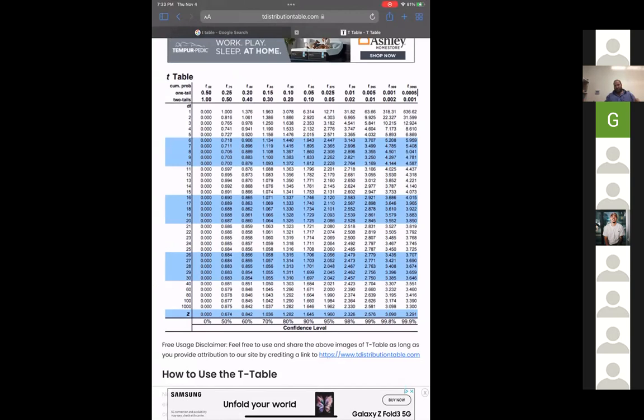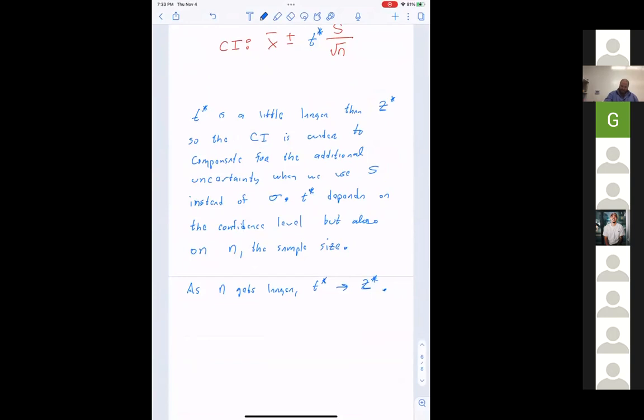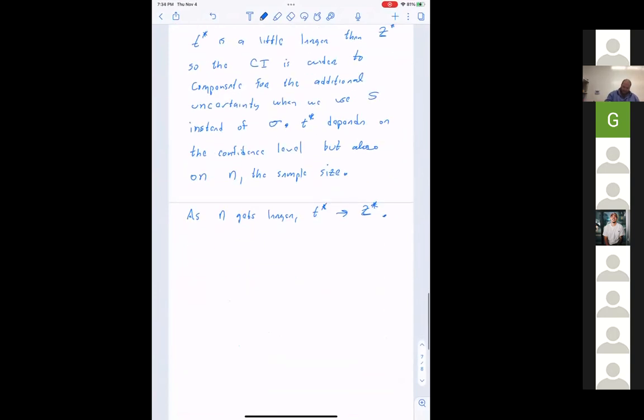But they're not labeled on the left by N, the sample size. What are those letters that are labeling the numbers on the left? DF, which equals the degrees of freedom, is N minus 1. The sample size minus 1.